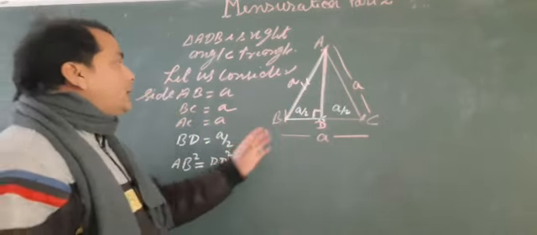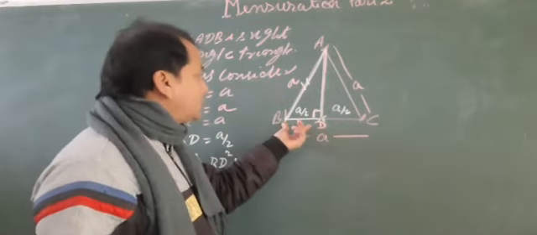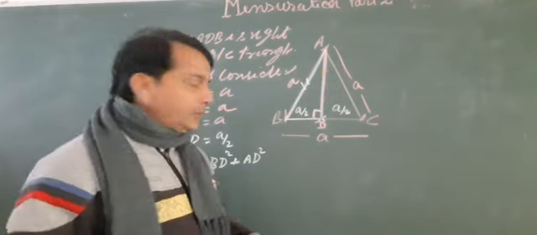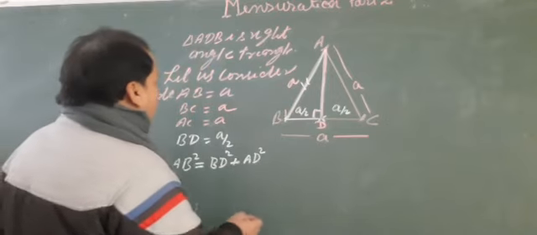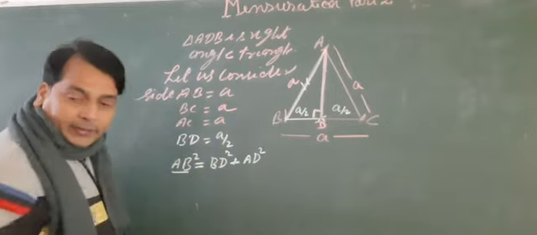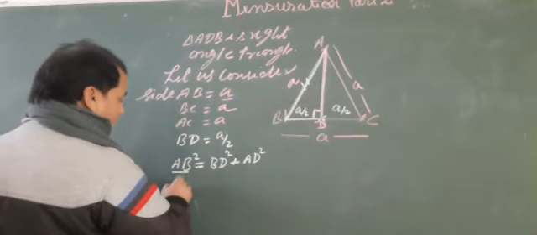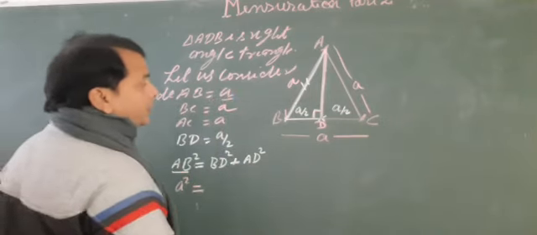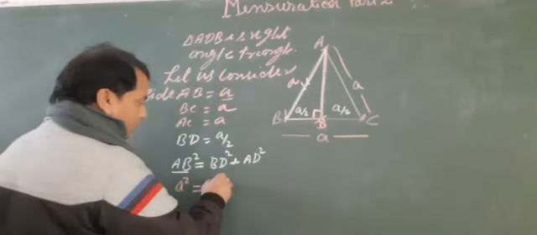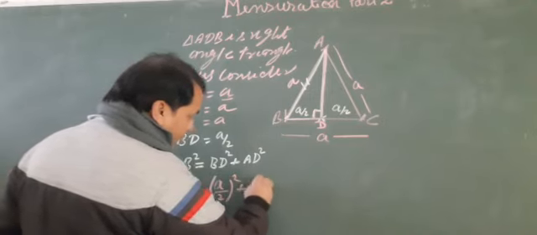In this right angle triangle, side AB is given as A, BD is A by 2, and we need the value of AD. Then put the values: A square equals A by 2 whole square plus AD square.